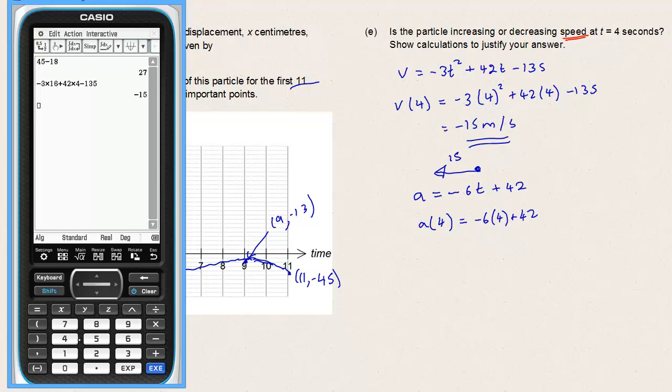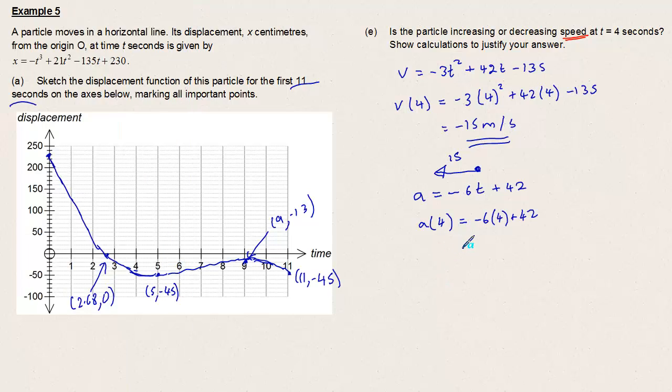So that's going to be 42, take away 24, which is 18 meters per second squared. Now that means the acceleration is to the right. So if we look at this particle, its velocity is this way, but the acceleration is in the opposite direction. So it must be slowing down.